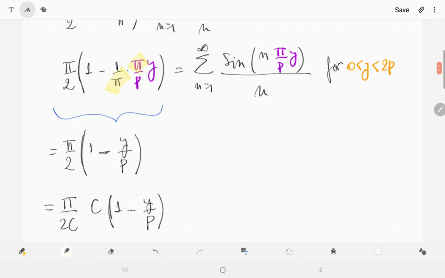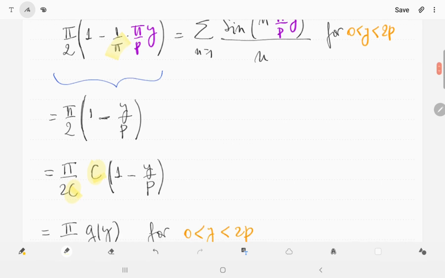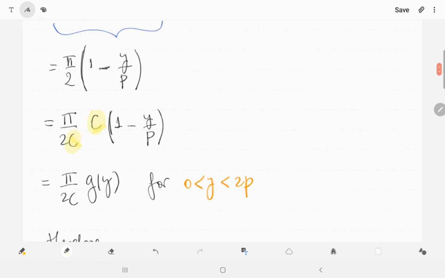So this pi goes away, and we get exactly a piece of g. And the only thing that we need to add is this constant c. So we can multiply and divide by this constant c, and suddenly we get the expression g of y times this constant pi over 2c. And we have this identity for every y between 0 and 2p.